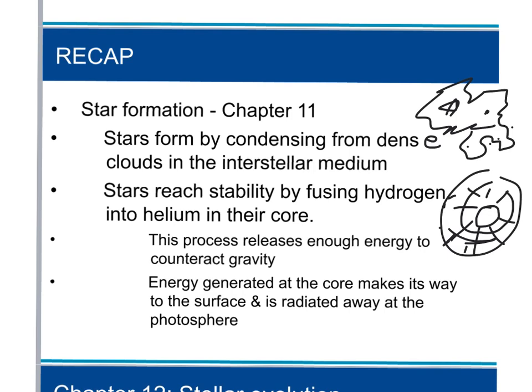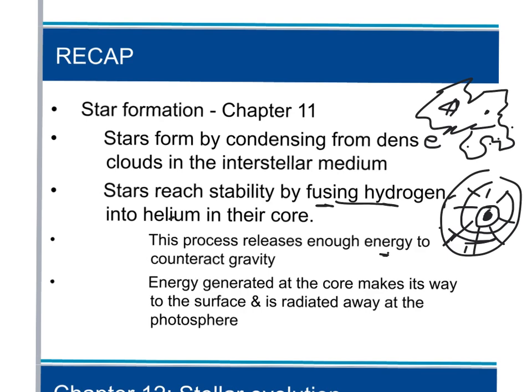So generically, all stars reach their stability by continuing that nuclear process, fusing hydrogen into helium in the core. That fusion process releases enough energy to counteract gravity.